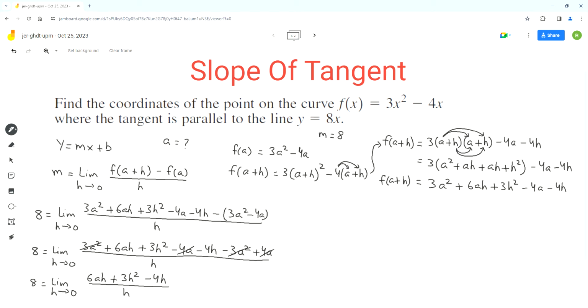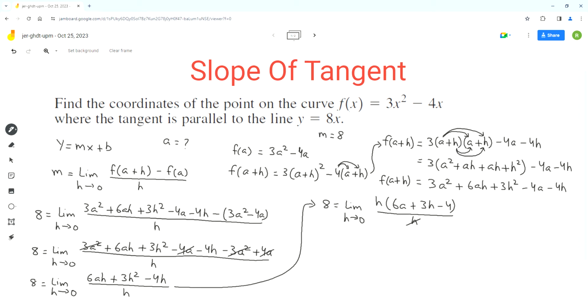If we sub in h as 0, the denominator will become 0 and the expression will be undefined. So we have to get rid of this h in the denominator, and for that we'll do common factoring in the numerator. We can factor out an h, so we get h times (6a plus 3h minus 4) over h.